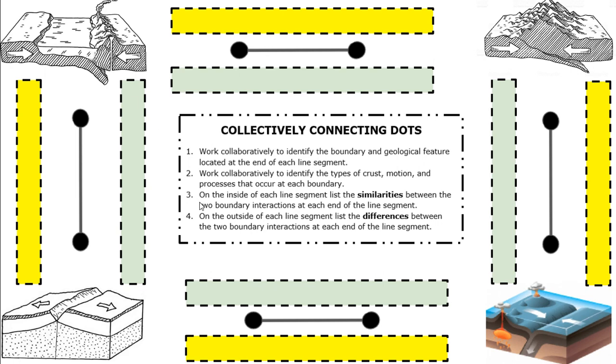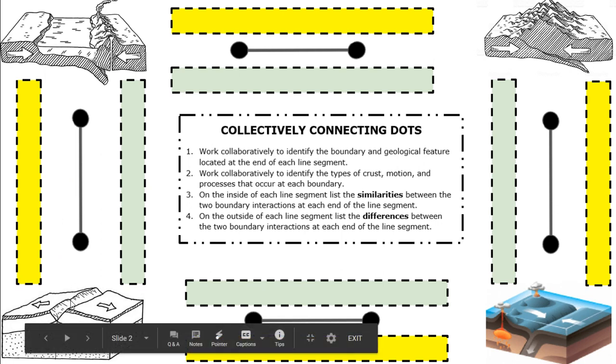Now, we are going to talk about similarities between 2 boundary interactions and then differences. So in order to do that, we're going to have to look at this next plate boundary. We can save 3 and 4 once we talk about another boundary. So here, let's discuss this boundary.